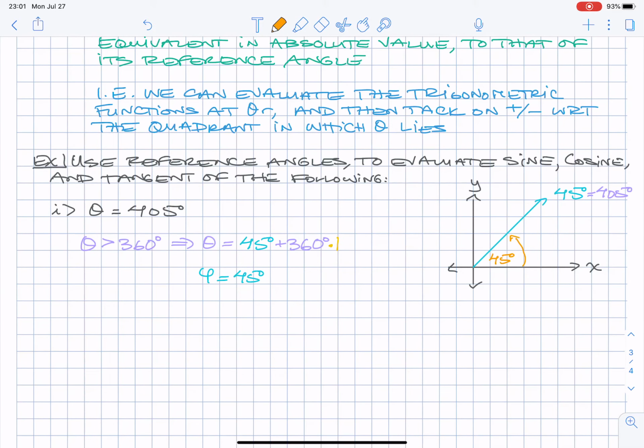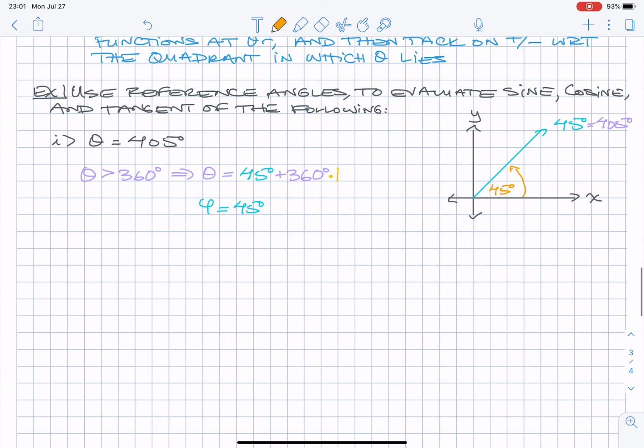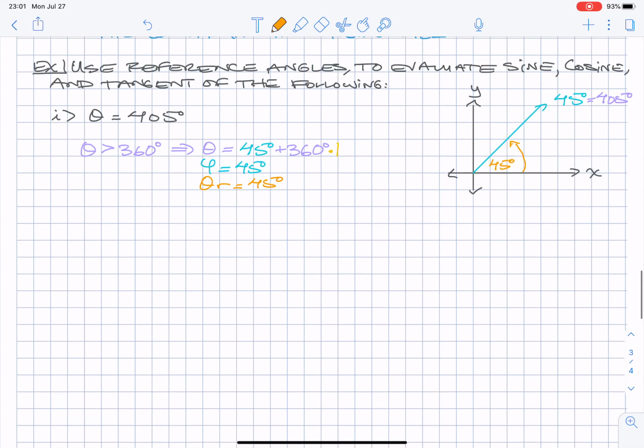So this is pretty straightforward. So theta sub r, actually let me move this up a bit so I have more room. So theta sub r is 45 degrees. Okay.